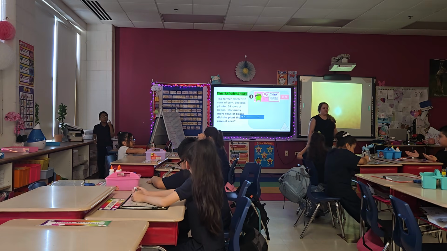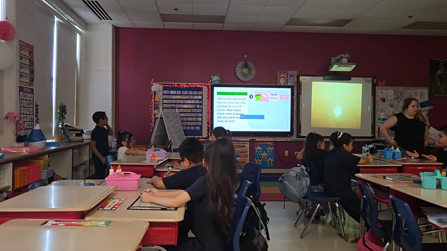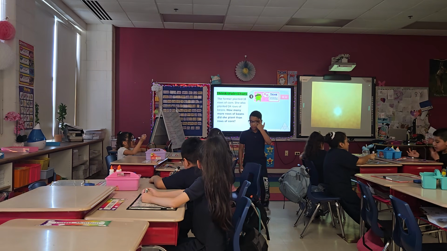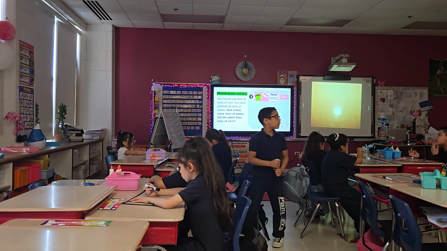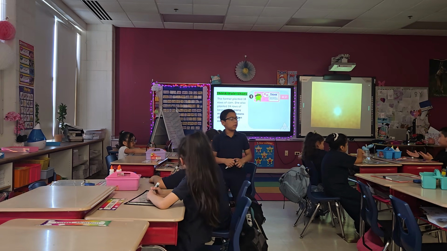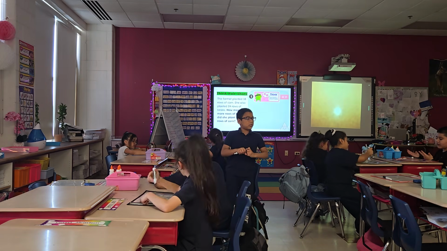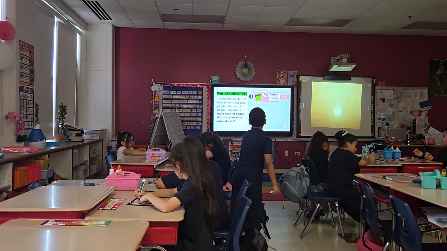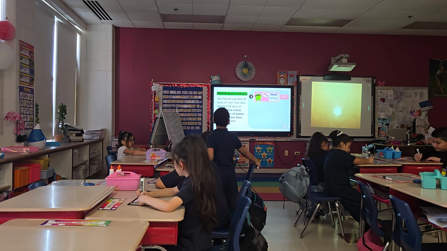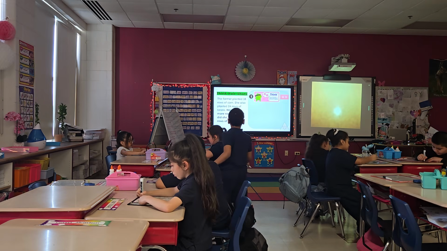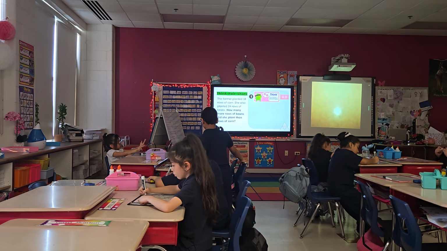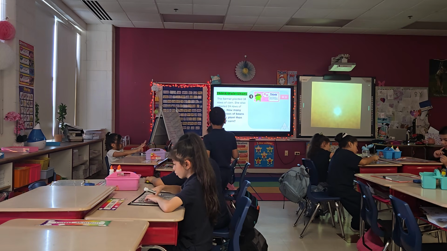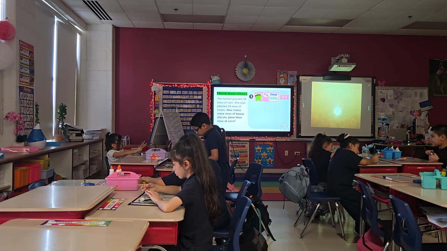Keep going. Look for something on our board. The farmer planted 18 rows of corn. How many more beans did she plant than corn? I like that we're writing numbers down. What equation? What are you thinking?